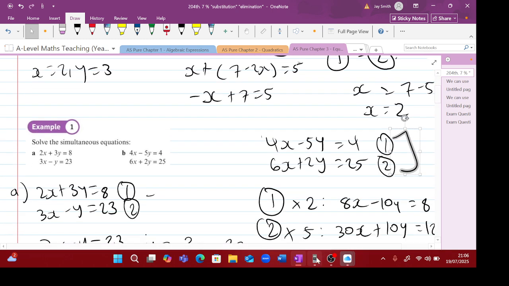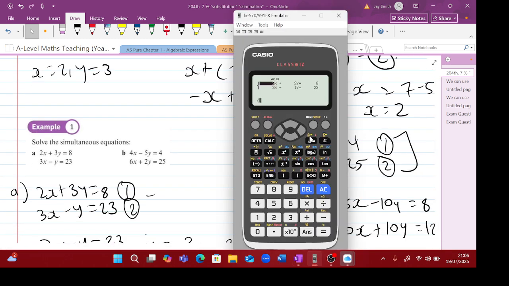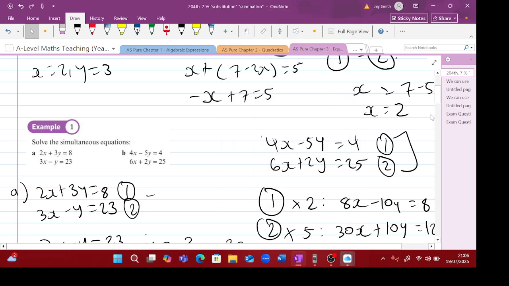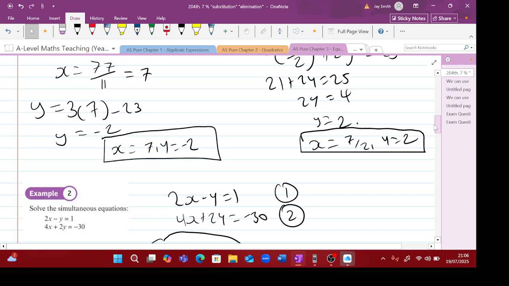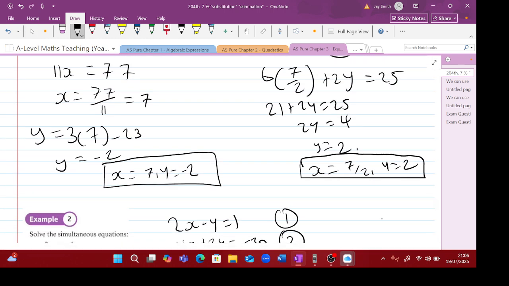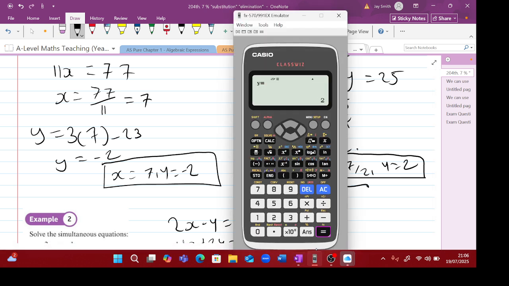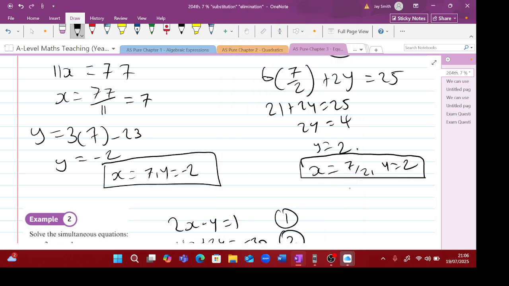We have 4x minus 5y equals 4. And we also have 6x plus 2y is 25. And so x, we get 7 over 2. Yep, we can see here we get 7 over 2. And y, if we then press equals, we get 2. Great stuff. So we get the right solution.